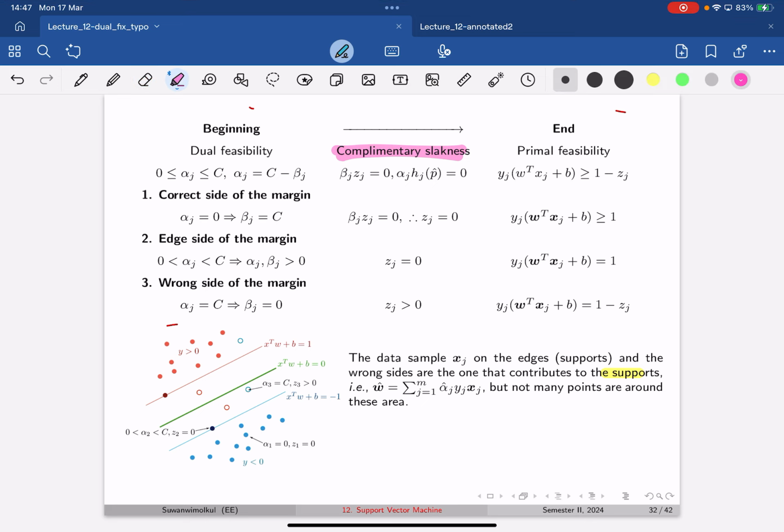As we can see here, in the case where you correctly map, your alpha j is equal to 0. This means those points aren't going to be the points that contribute to computing your normal vector. Actually, those points that are on the margin, on the supports, and on the wrong side of the supports are the points that are used to compute your normal vector. To summarize it again, I wrote it here as well.